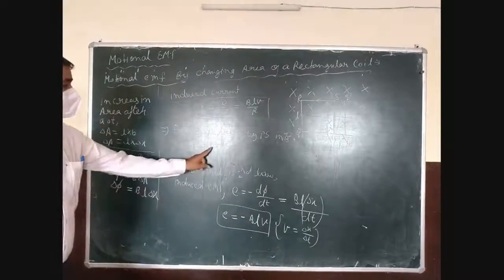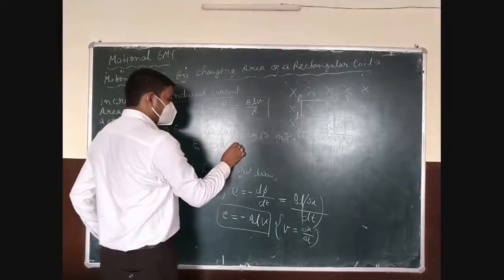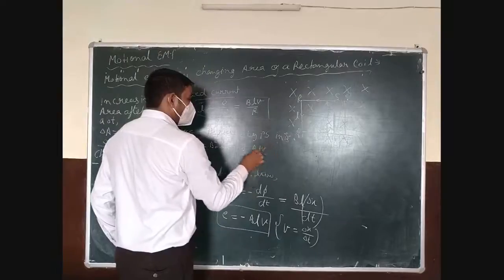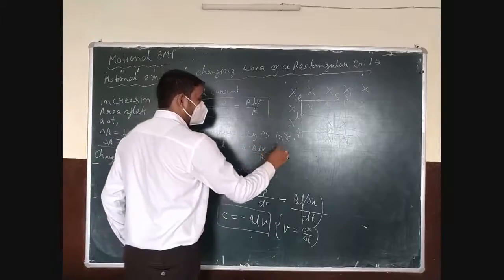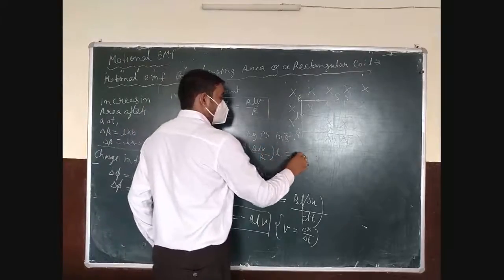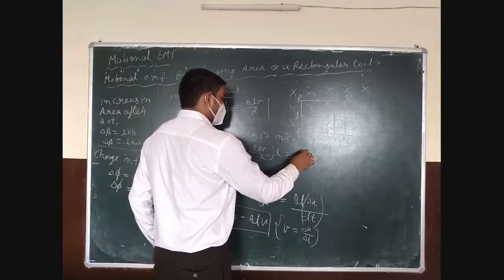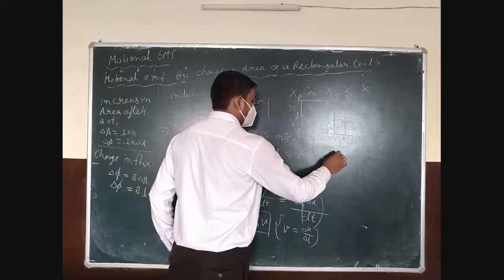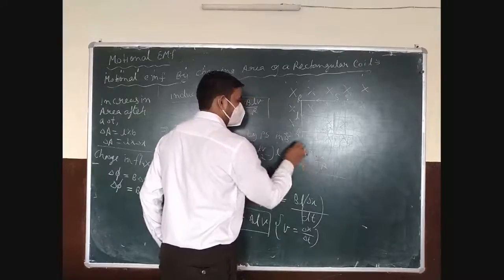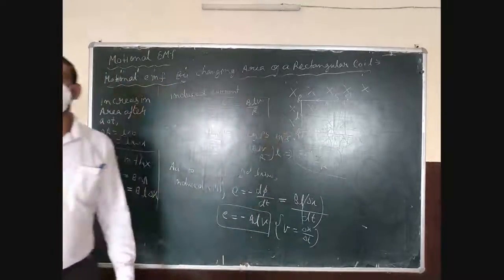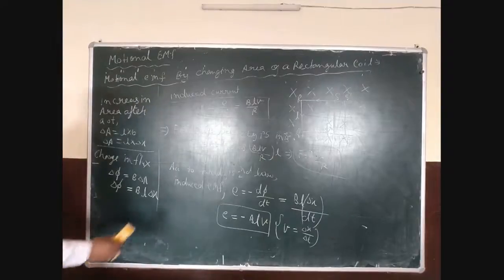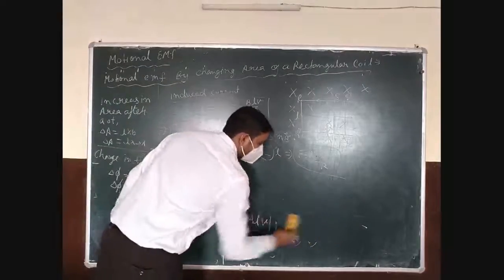Okay, what is the value of I? This, so this is BLV upon R into L. F is equal to B square L square V upon R. This is the force applied on the conductor in the magnetic field.